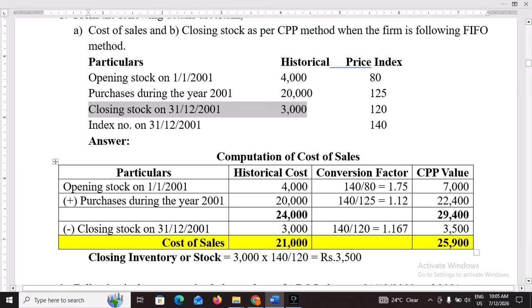So 3,000, same. 3,000 into the conversion factor, same 140 divided by 120. So you will get rupees 3,500. Already rupees 3,500 is coming here; this is the same answer as before. This is closing stock.